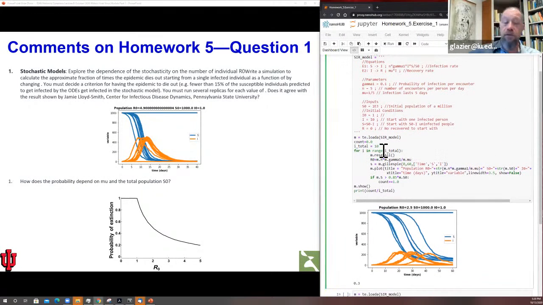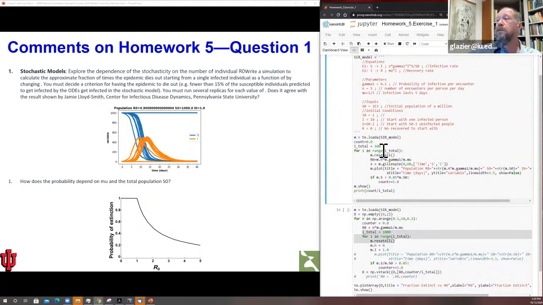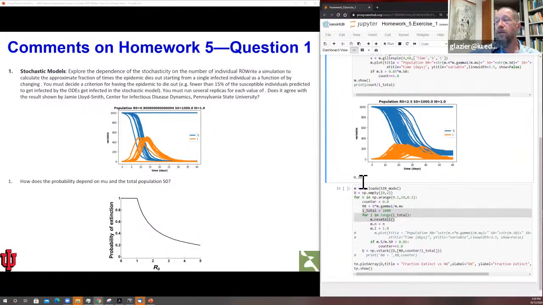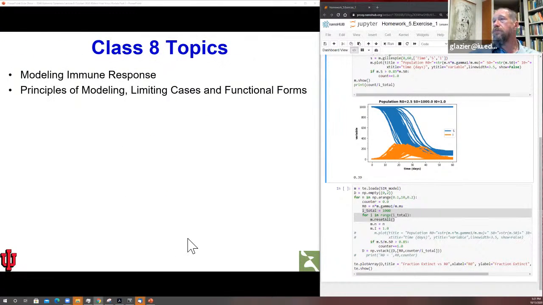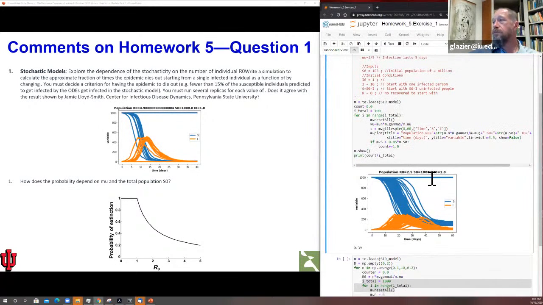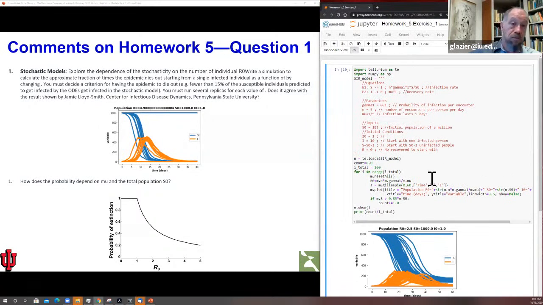And if I wanted to try running it 100 times, it'll take a little while. 39% of the time it failed. So I want everybody to try to make that work. This is problem 1.